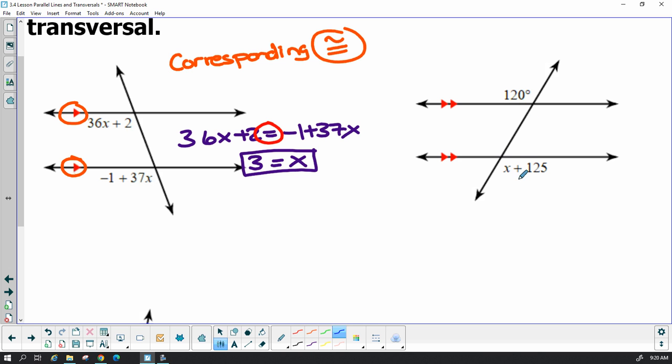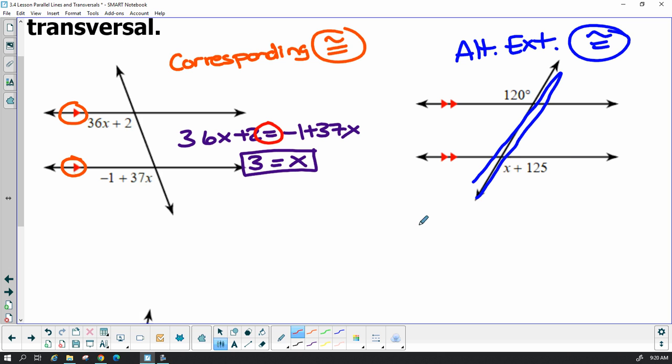Here I'm looking at these 2 angle pairs. They're both exterior angles. They're on the opposite side of the transversal, so these are alternate exterior. And so that means they are congruent to each other. They're equal. So this angle over here, x plus 25, should be equal to this angle up here, 120.